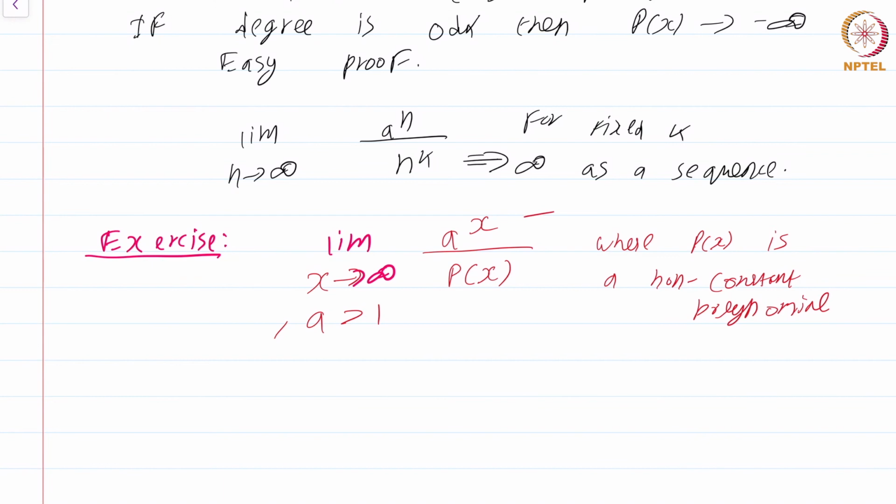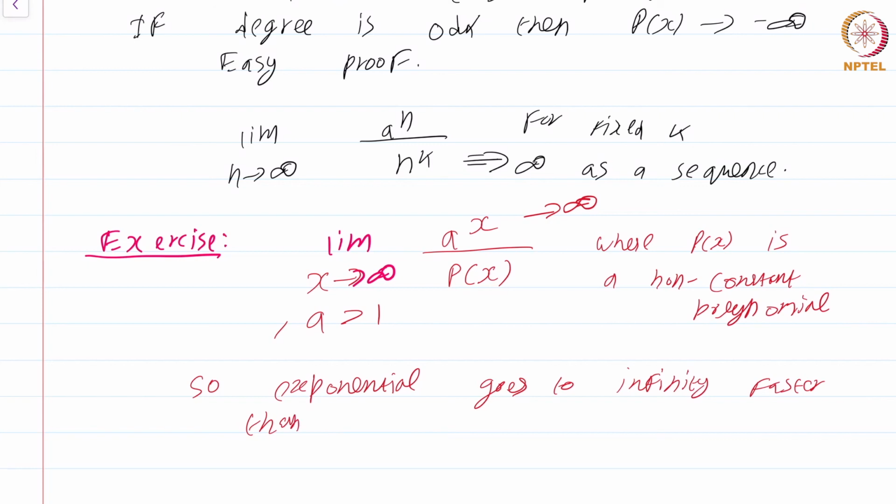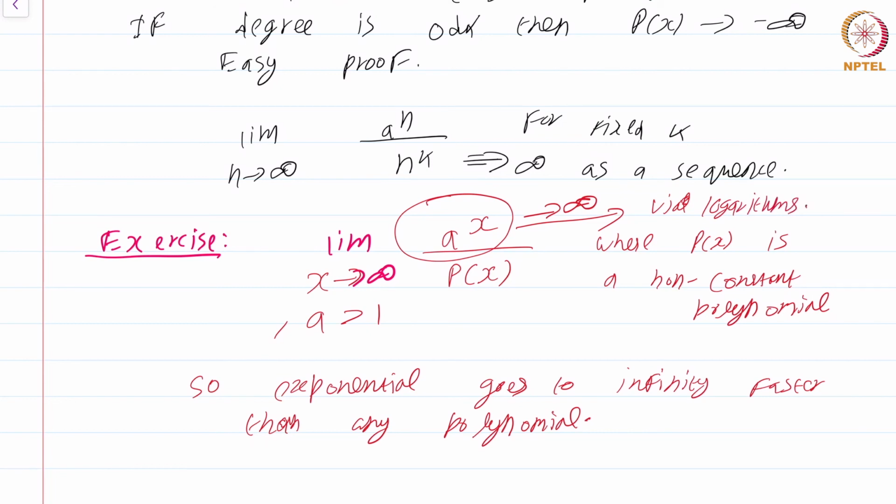This goes to infinity. So exponential goes to infinity faster than any polynomial. The definition of a^x, if you recall, is via logarithms, which we have not yet seen in rigorous detail, but your high school and even middle school knowledge of logarithms should be more than enough to tackle this exercise.